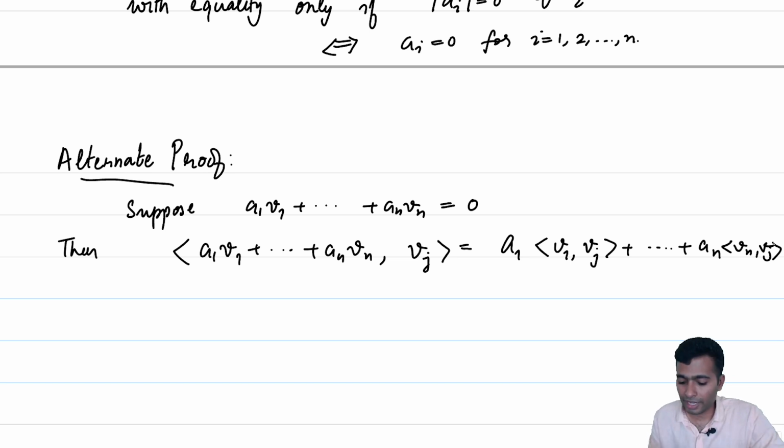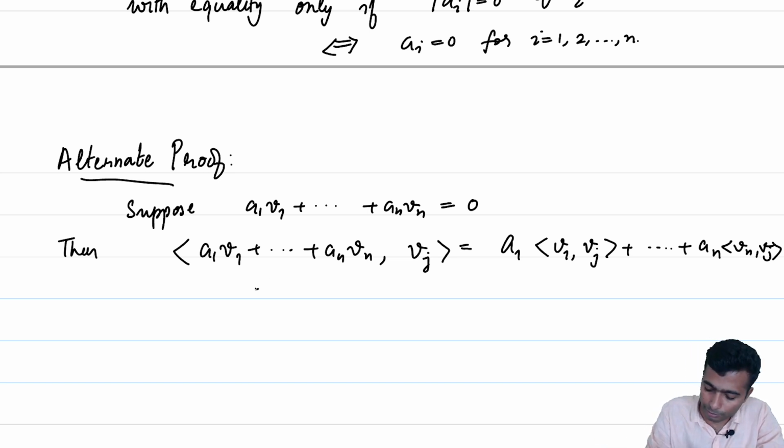Now what do we know about vi's? They are orthonormal. That means if i is not equal to j, inner product of vi and vj will be 0, and if i is equal to j, the inner product of vj with itself will be the square of the length of vj, which is equal to 1.